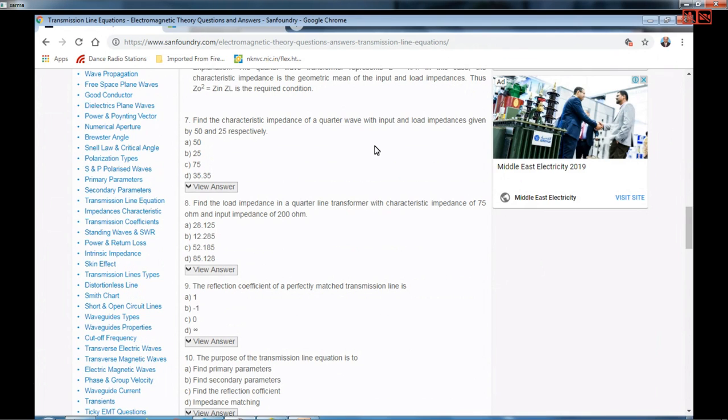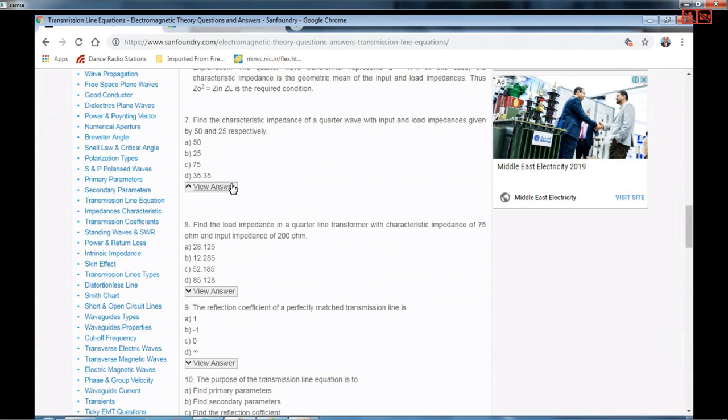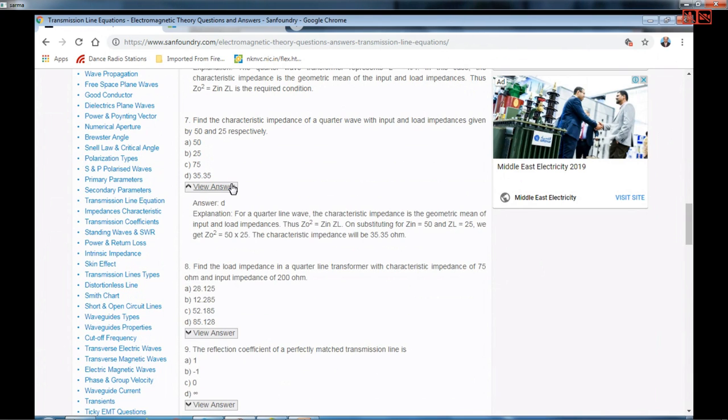That is a quarter wave line, and its characteristic impedance must be the square root of 50 times 25. So it is 35.35 ohms. If you connect a lambda by 4 line with characteristic impedance of 35.35 ohms, then a 25 ohm load can appear as double of it, a 50 ohm load.